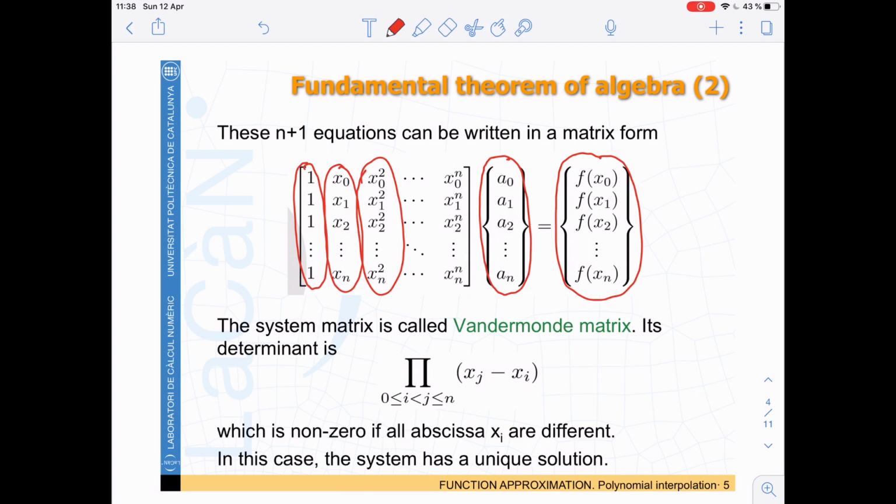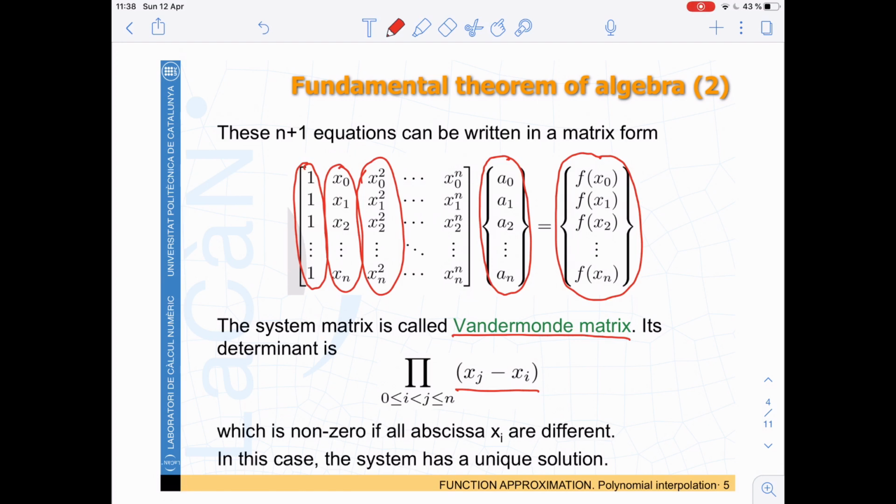Going back to the matrix, this is the so-called Vandermonde matrix, and a well-known property of this Vandermonde matrix is that its determinant can be expressed as the product of these differences between the abscissas xi.